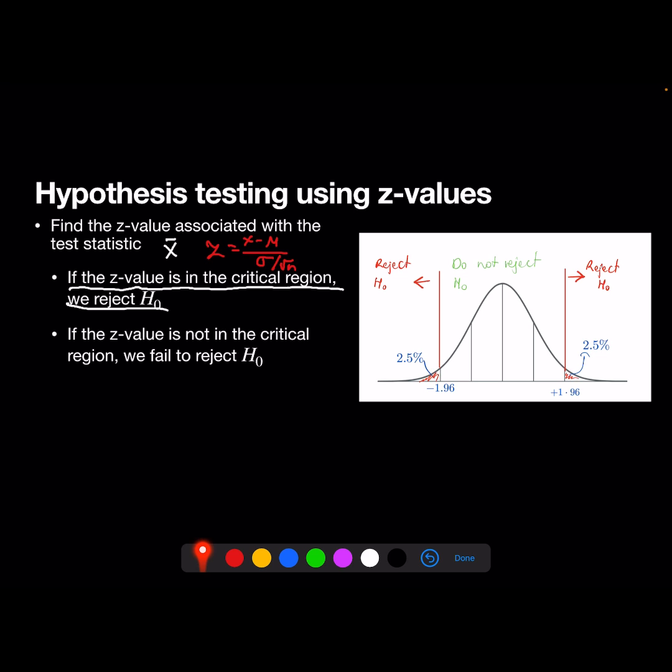Dividing the 5% into two symmetrical pieces, we get 2.5% for the left-hand side of the curve and 2.5% for the right-hand side of the curve. And if you analyze just this part of the curve, you'd notice that if this critical region is 2.5%, then all the values in this area are 97.5% of all values. So this has to be associated with a z value of plus 1.96.